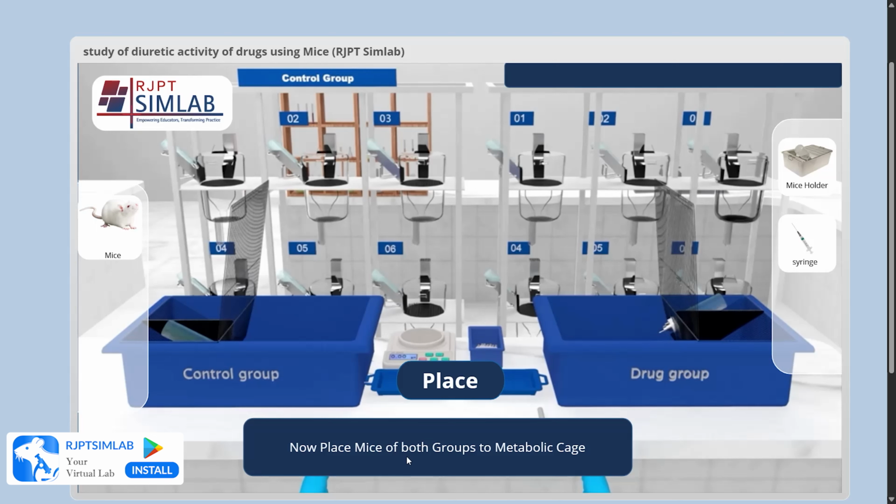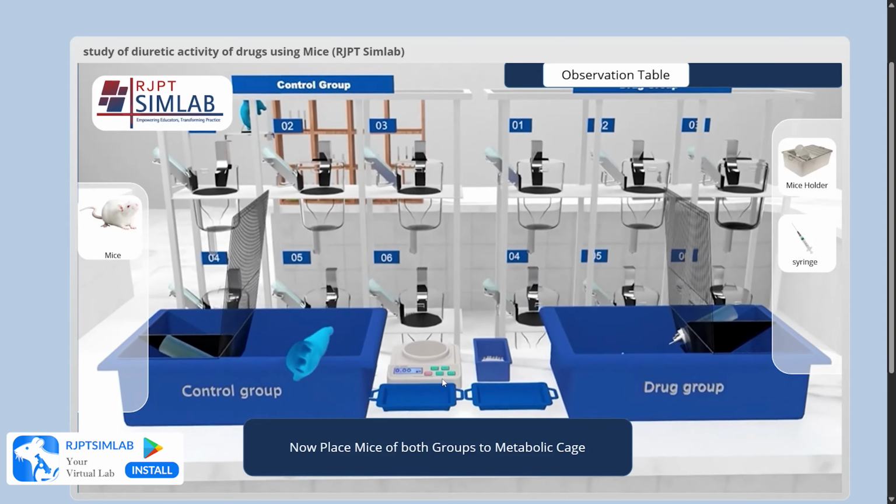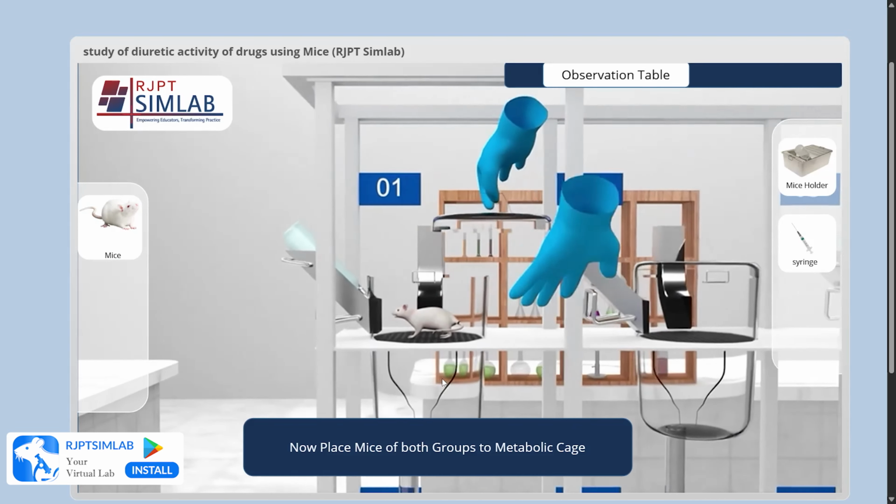Now we'll place mice of both groups into the metabolic cage. Now we will place the control group mice on the left side of the table's metabolic cages, and the drug group mice on the right side cage. Okay, so now we'll open the lid of the cage and we will place the control group mice in the first number.